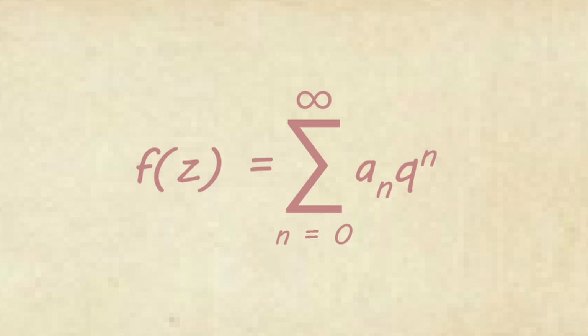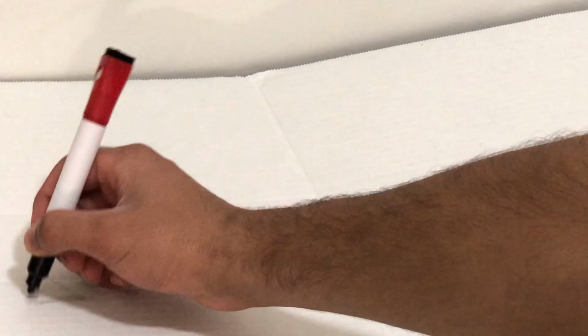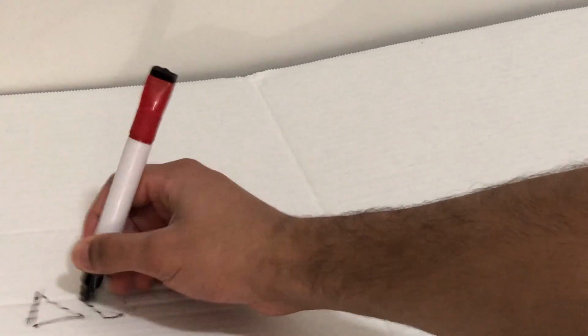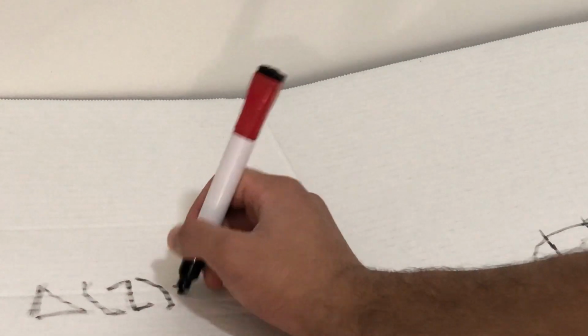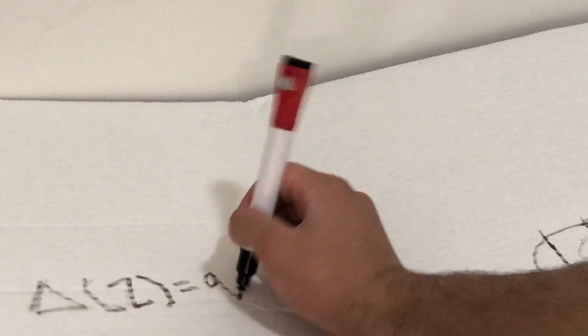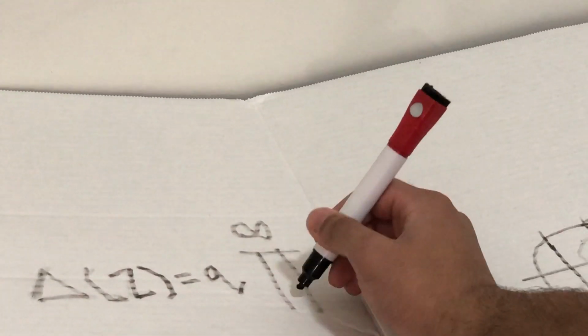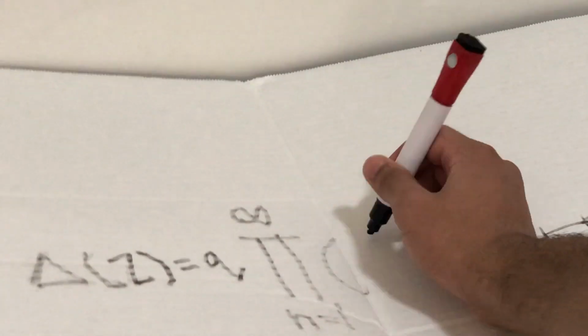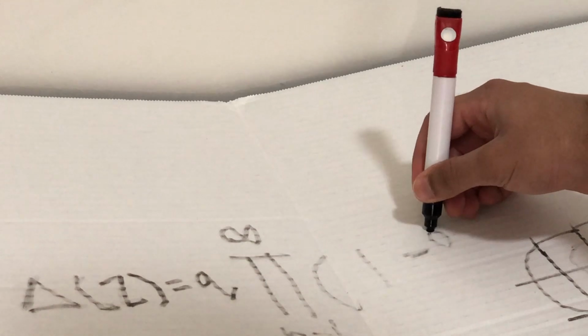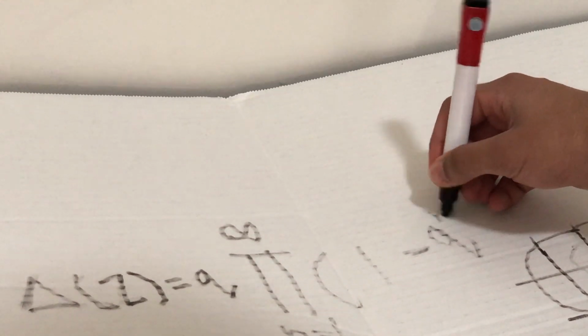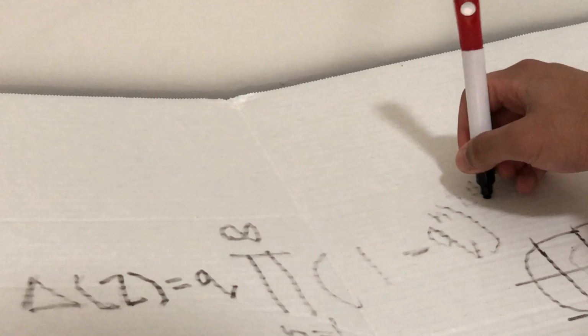The coefficients, the a_n, hold deep arithmetic secrets, things like partition numbers or even information about elliptic curves. In a similar manner, here's one of the most famous modular forms, the discriminant function.